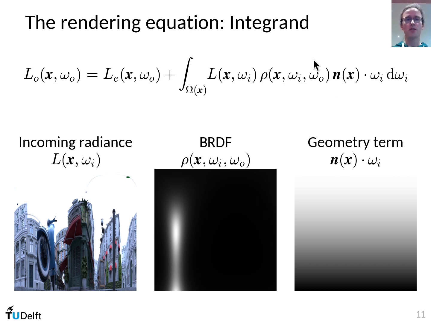And then the next factor here is the BRDF, and the purpose of the BRDF is to describe how our surface point reflects light.